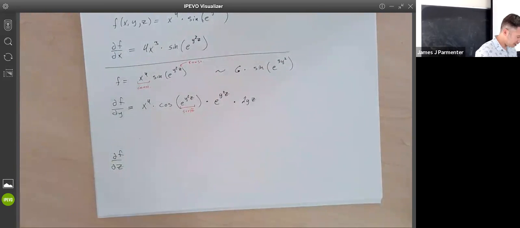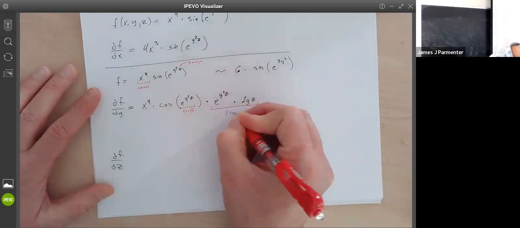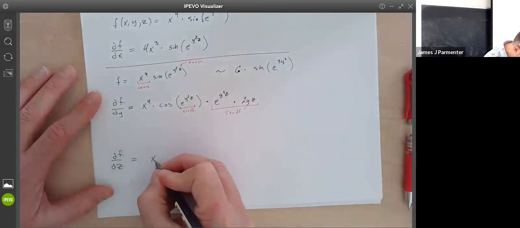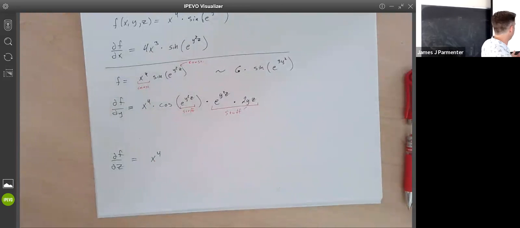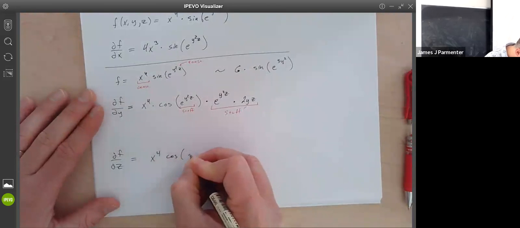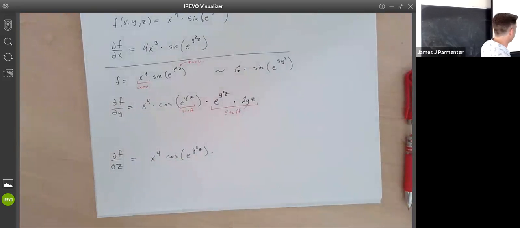Del f del z is going to be virtually the same until we get to the very end. That x^4 constant is still going to hang out, and the derivative of sine of some stuff is still going to be cosine of the stuff times the derivative of the stuff. So we're going to get cosine of e^(y^2 z) times the derivative of e^(y^2 z).